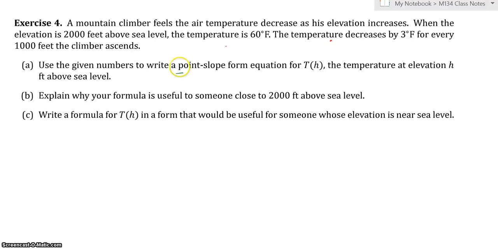So part A, we're going to use the given numbers to write a point slope form for the equation for T of H, the temperature at elevation H feet above sea level. So go ahead, pause, try that, come back when you're done, and see if you got the solution correct.